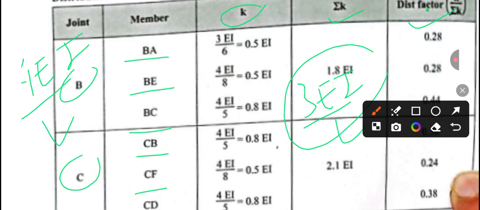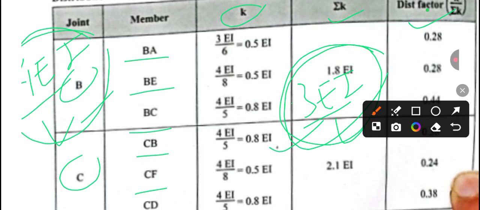Now, when do we apply which formula? You always remember, we always have to apply the formula 4EI by L. Never get confused. But in only one case, whenever our end support is a hinge, then we have to apply 3EI by L. Only this much, nothing else.